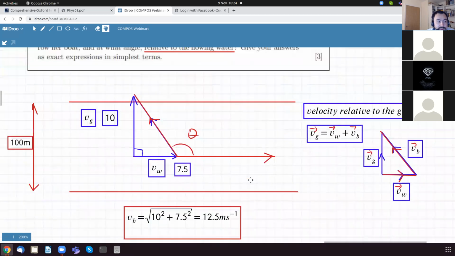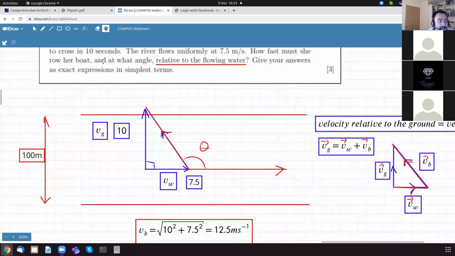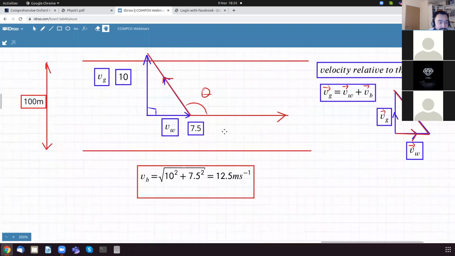Well, you just read the question. What angle relative to the flowing water? So they're asking for the angle to the flowing water. So they're asking for this angle, theta. How to find it is trig, of course. So rather than finding this angle, I'm going to find this angle first, and then do 180 minus that.